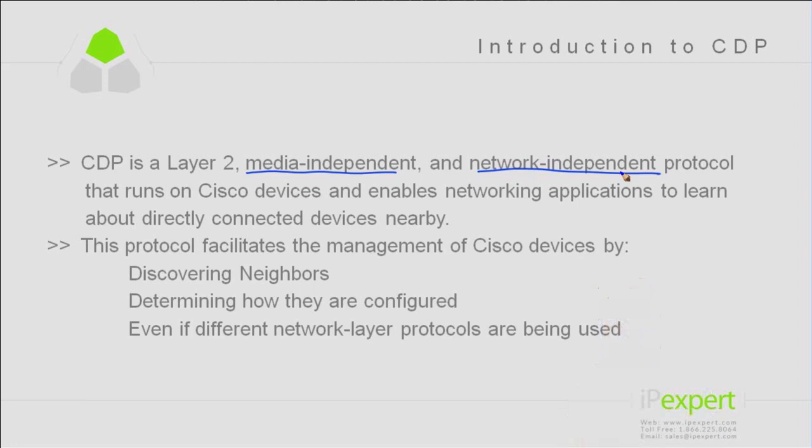When we look at this by the numbers, CDP operates at layer 2. Its primary purpose is to let us learn about directly connected devices.